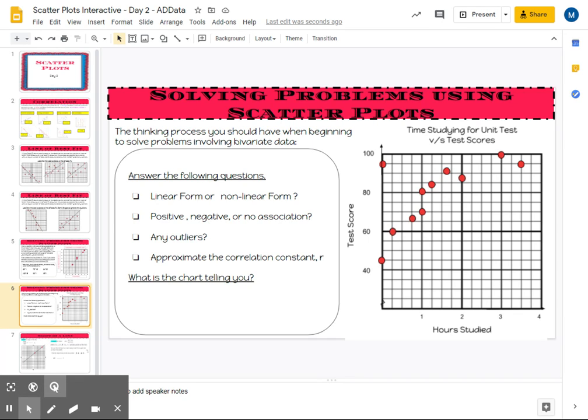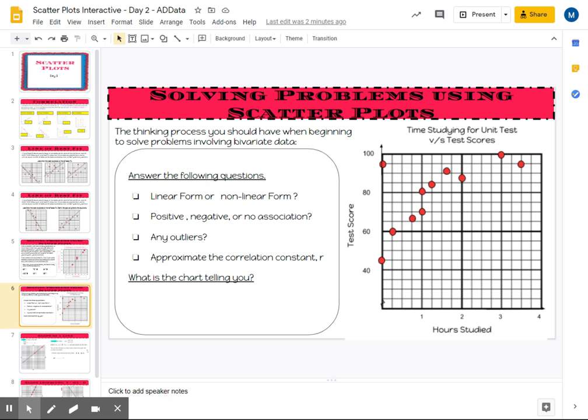All right. Slide 6 begins kind of solving problems using scatter plots, which is one of the big things you can do, especially if your scatter plot has a pretty strong association. This little box here has just some general questions to go through to analyze your scatter plot.